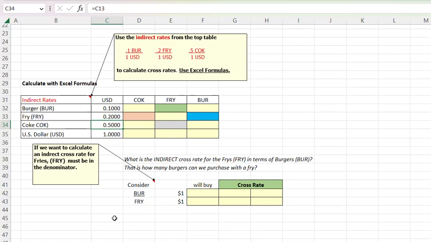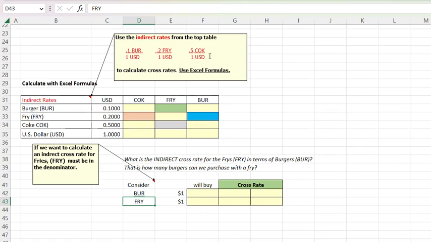If we want to find out a cross rate for fries in terms of burgers, that is, how many burgers can we purchase with a fry, we want fries in the denominator. Notice all of our indirect prices for US dollars up here had the US dollar in the denominator.